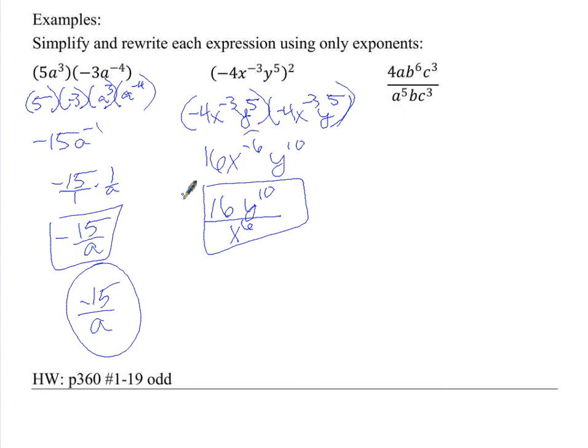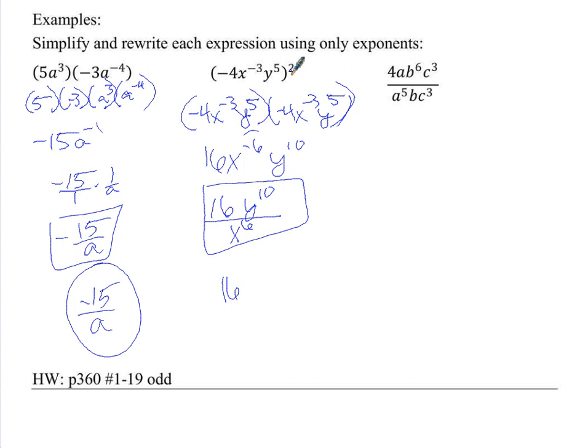That's the long way. If you remember all of your properties of exponents, then you know that when you raise stuff to a power and it's all multiplication, then you can treat this as a distribution of the exponent to each of these. So what I have here is negative 4 to the second power, which is positive 16. I have 2 times negative 3 because I'm raising a power to a power. Negative 3 times 2 is negative 6.